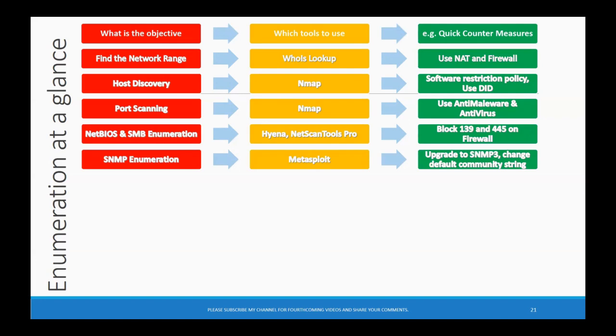Then change the default community strings. It has two community strings, public and private, which are default. Using those, attackers do enumeration. So we have to change the default strings. That is one of the most important. Remove the sensitive information from mail responses.